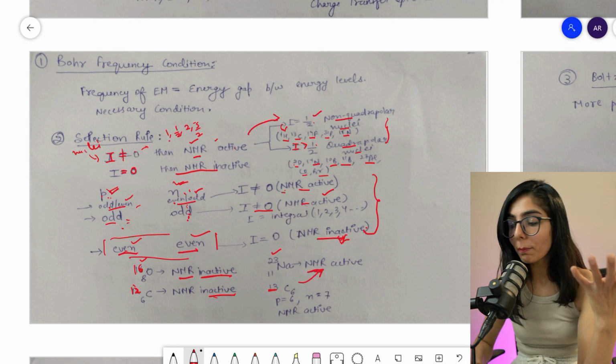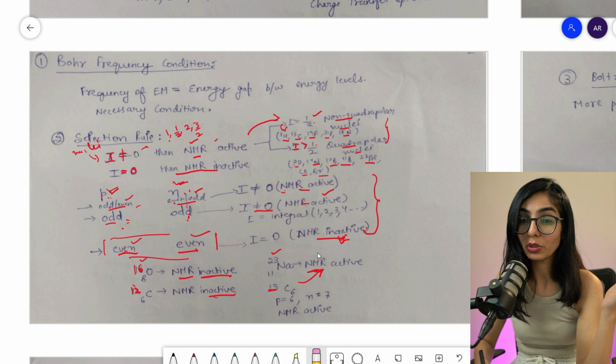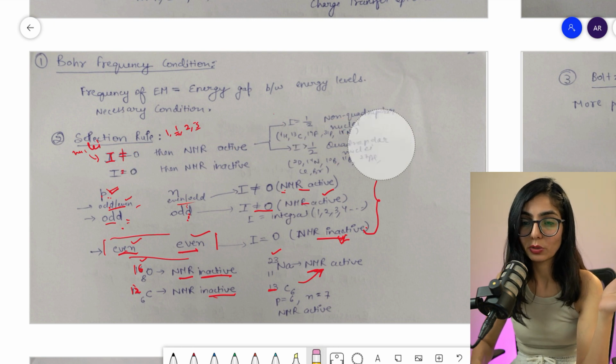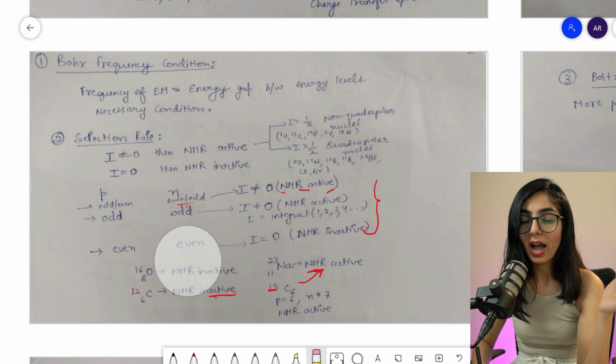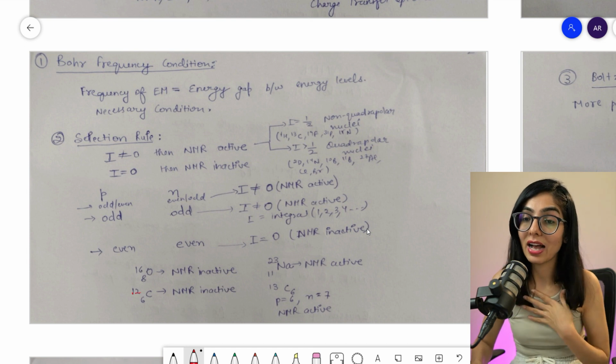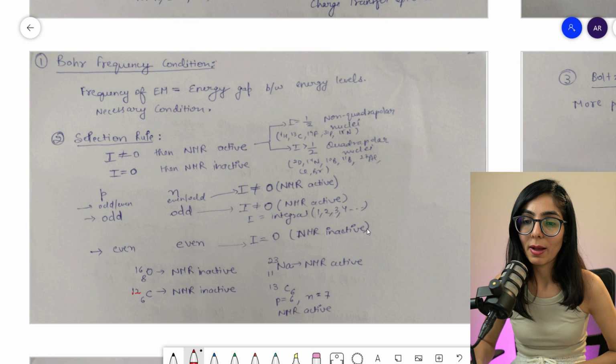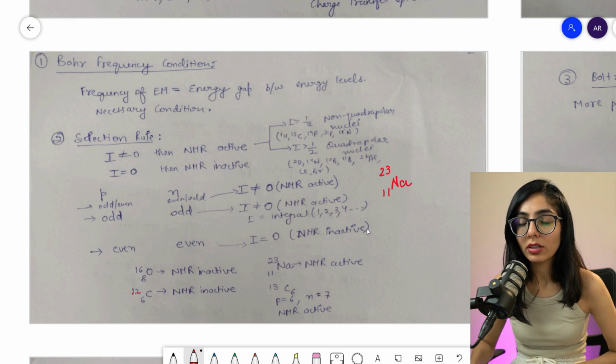I know a lot of people don't know how to calculate the neutron also. No worries, I'm here to teach. If you never got the opportunity to learn, I'll tell you the very basics as I promised initially. Suppose I take this example, 23 sodium 11. The atomic number is always the proton count.